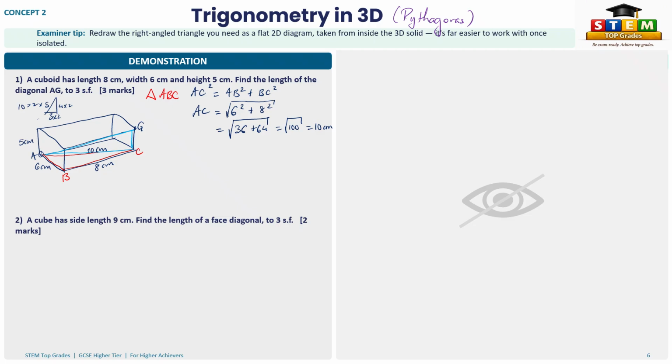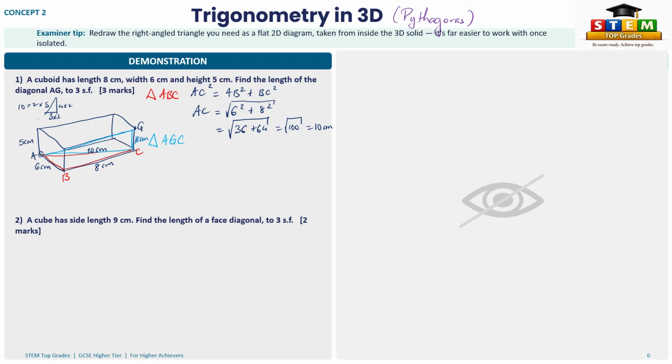And now I'm going to use the second triangle, which is the blue triangle. So I'm going to use this color. Triangle AGC. In triangle AGC, now I'm looking for, well, this is 8 centimeters already given. Sorry, it's not 8, it's actually 5.